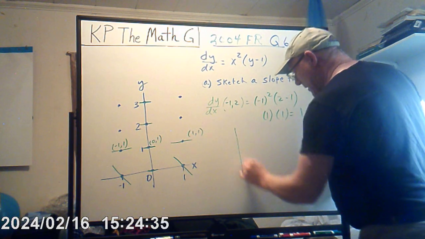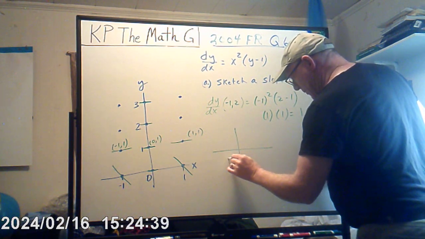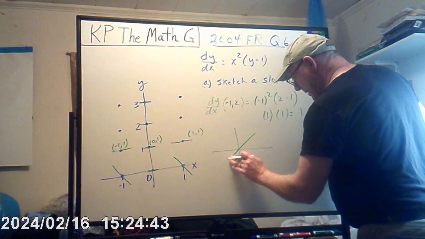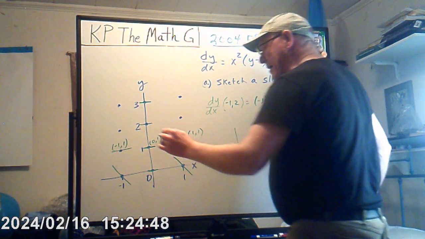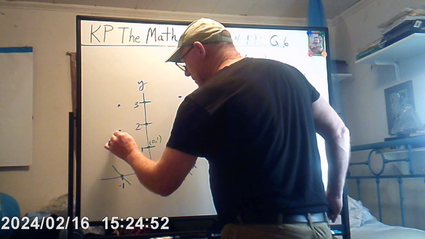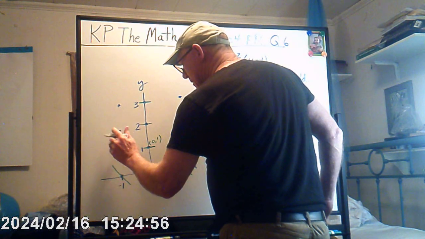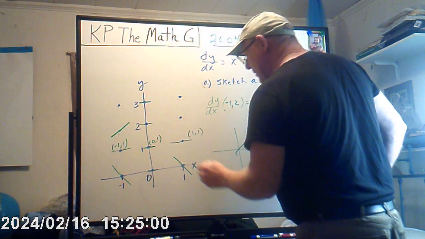Now remember, a slope of 1 is like a 45 degree angle. It's slanted to the right though, like that. So a slope of 1 would be like this, kind of.